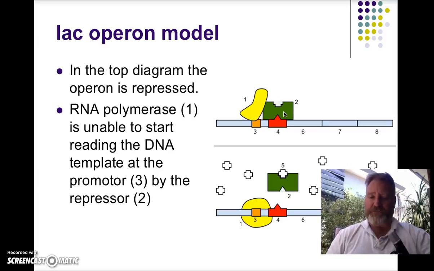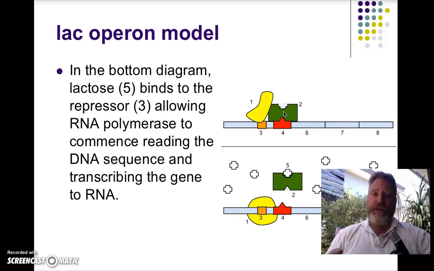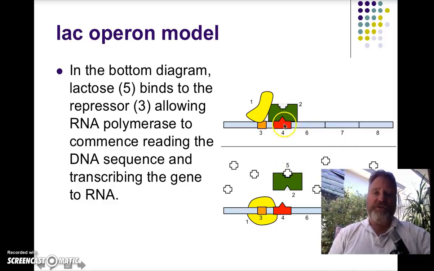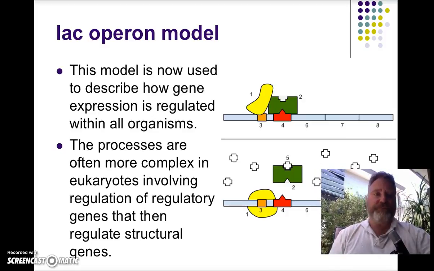So gene regulation. In the bottom diagram, these lactose molecules, all the number 5s, bind to that repressor, the green block, releasing it from number 4, and allowing the RNA polymerase to start reading the promoter region and reading the gene. And we believe this is how all genes are regulated, this model.